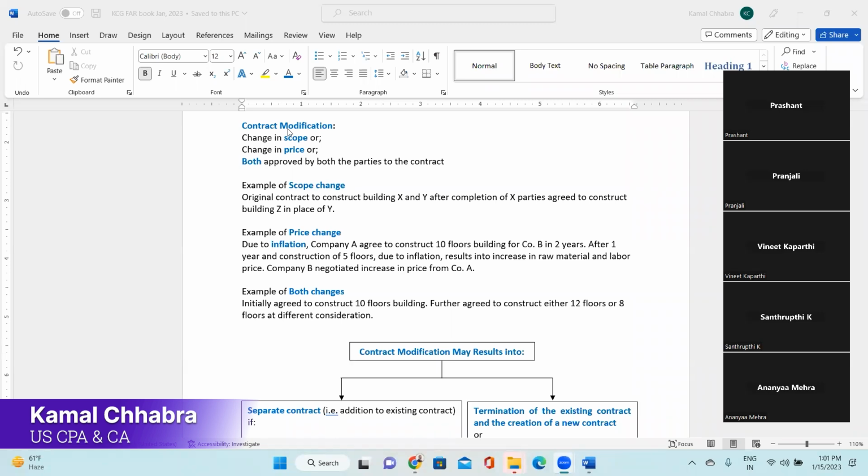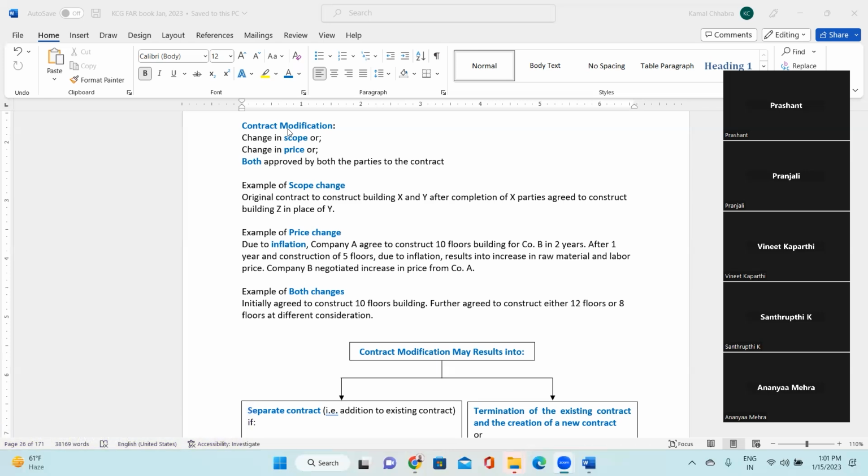Let's assume you are a tire manufacturing company and you are purchasing natural rubber from a vendor. That supplier has increased the price because raw material prices have increased. There is no change in quantity, no change in scope, but a change in price. That will result in a modification in the contract.